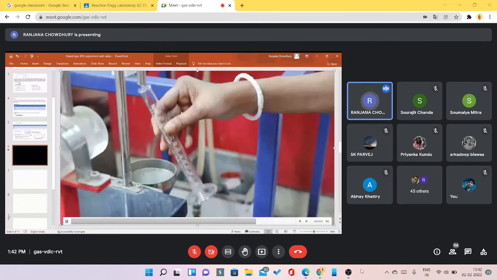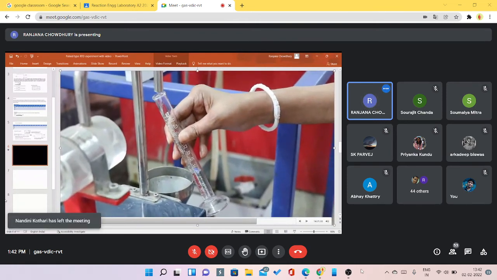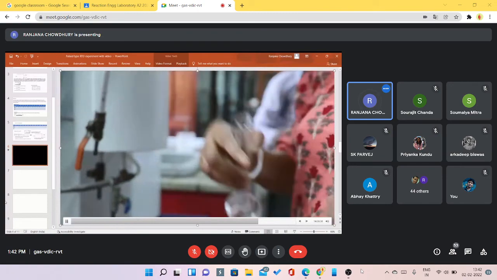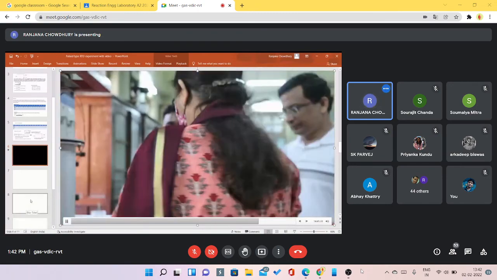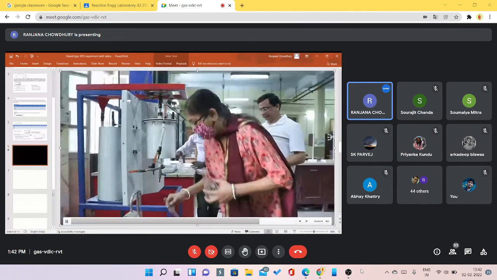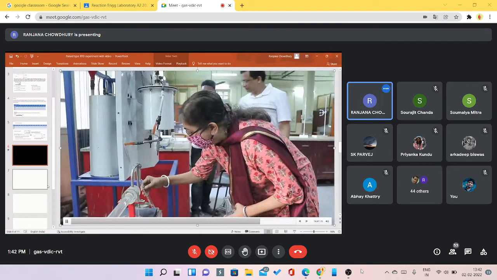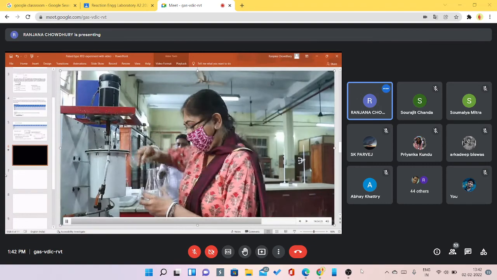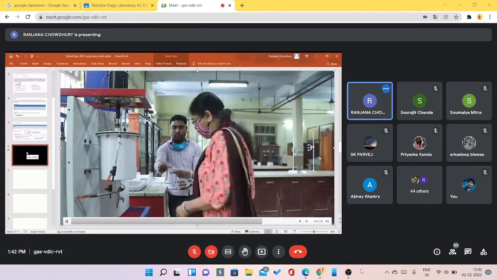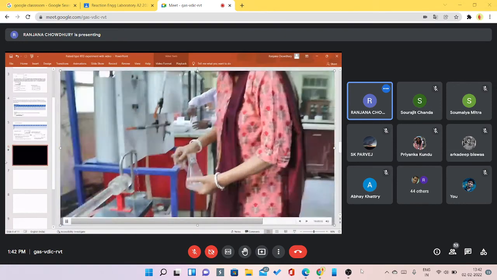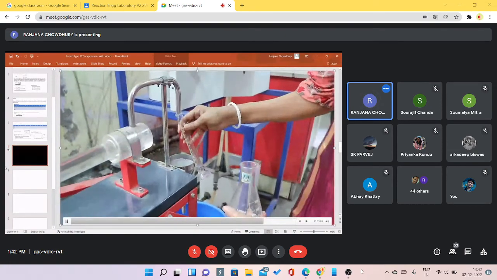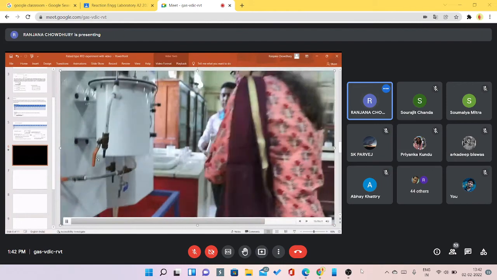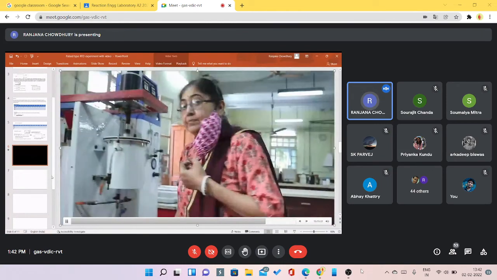So I'm taking a sample from here and putting it in the conical flask for titration. So 10 ml of samples are being drawn.